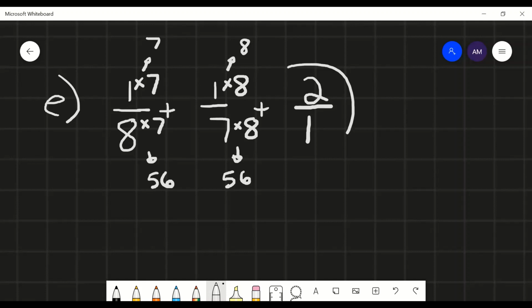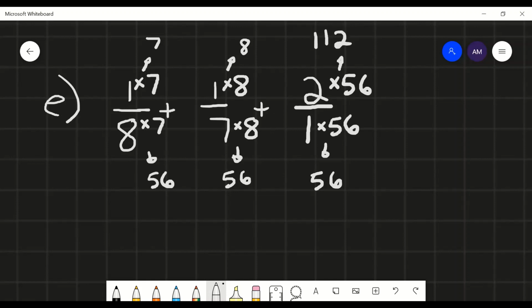And we still have to change this fraction so that the denominator is 56. So 1 times 56 will make 56. And that means I have to multiply 2 times 56 up here, which makes what? 112.